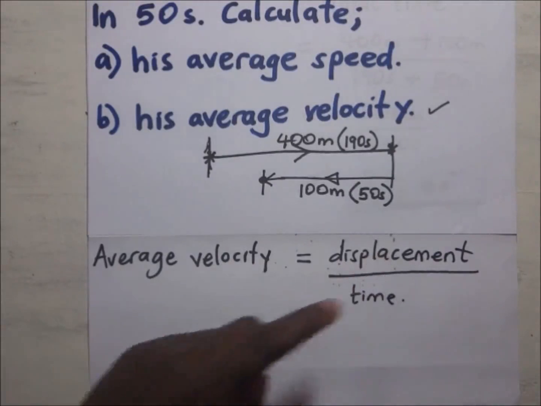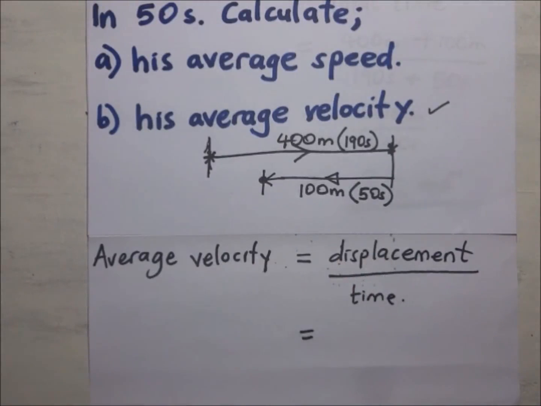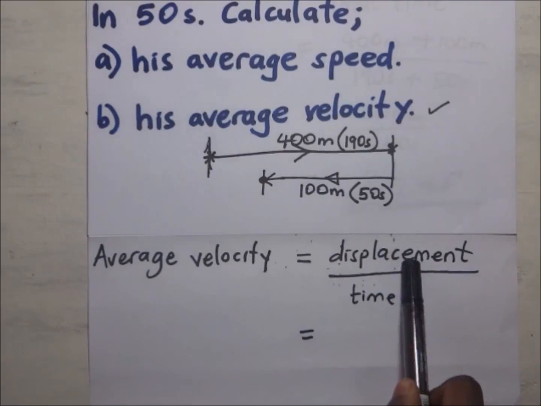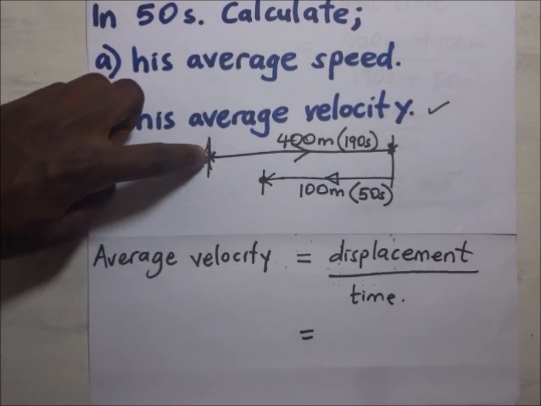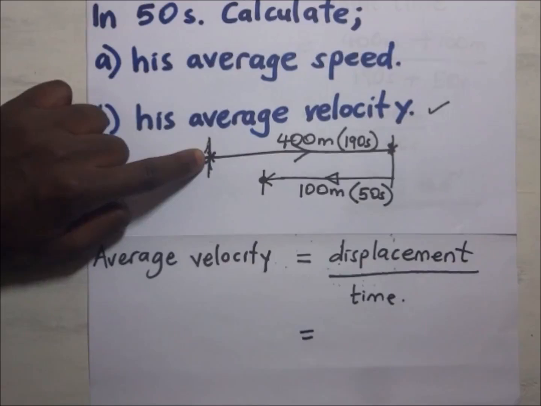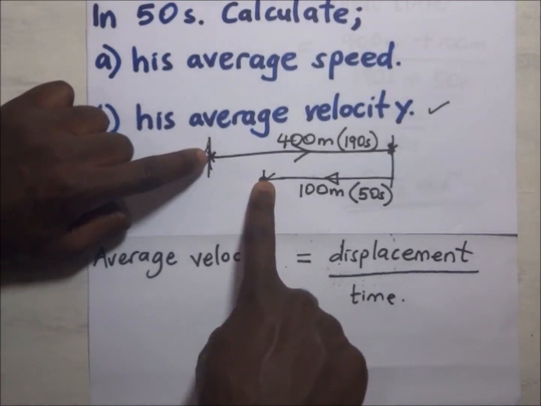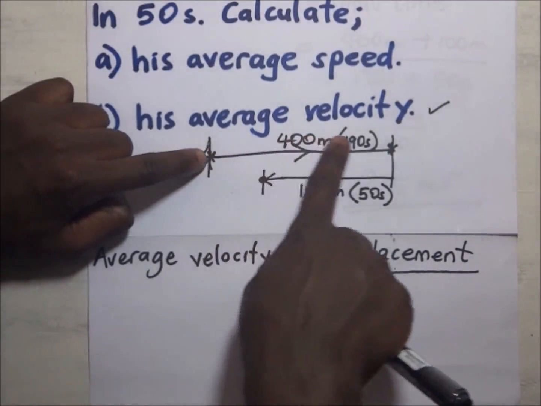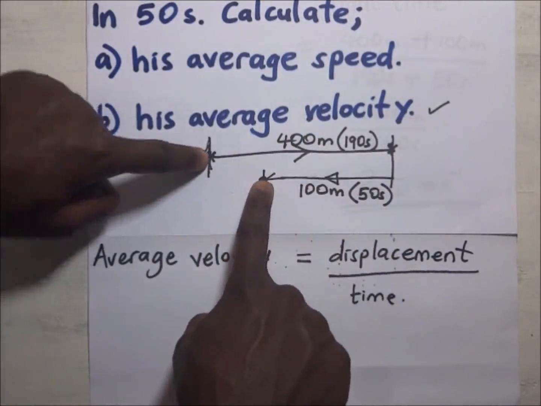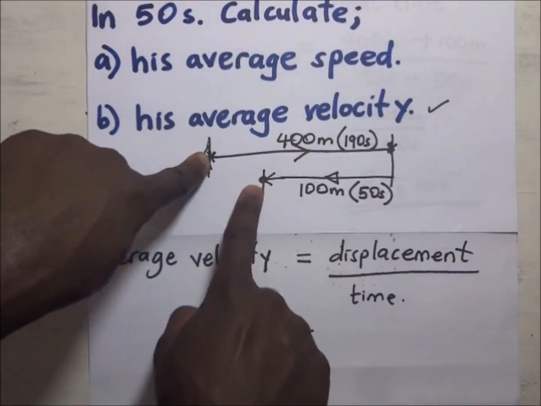But when it comes to displacement, even by definition, displacement is the distance moved in a specified direction. So if this guy started moving from this point, and this is where he ended, the distance he moved is 500 meters, but his displacement is not 500 meters.